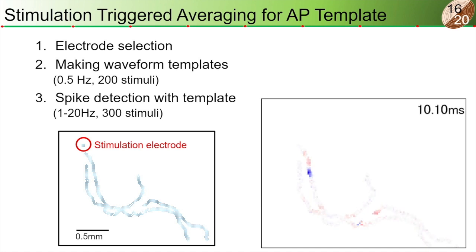The movie on the right is a representative response to 0.5 Hz stimulation. The whole area shows electrical oscillation due to stimulation artifact, but within the artifact, there are some propagating signals.